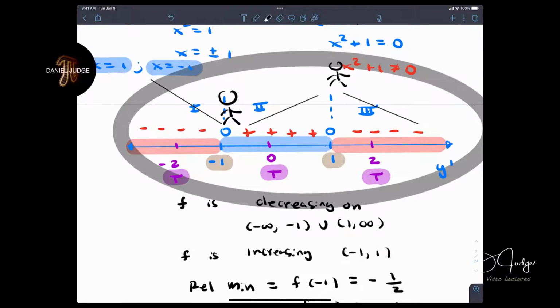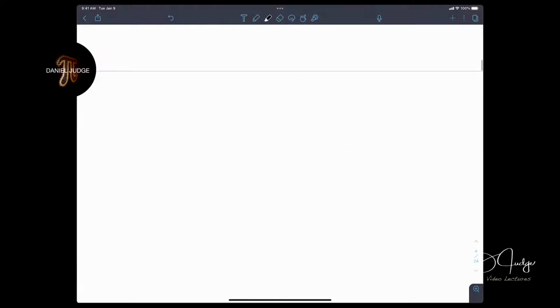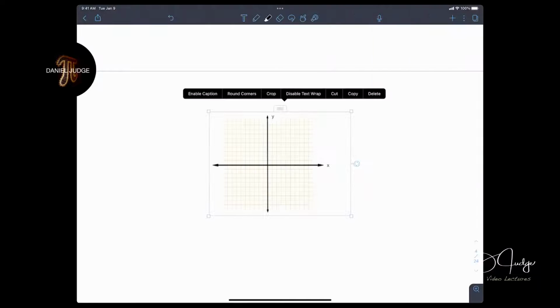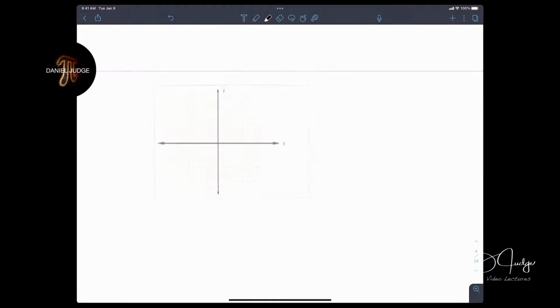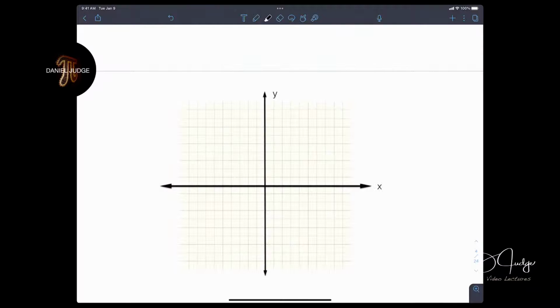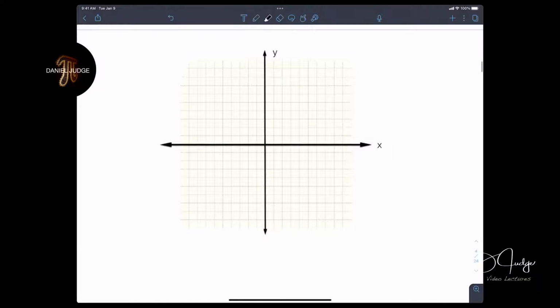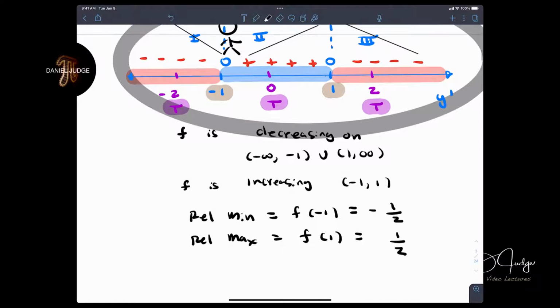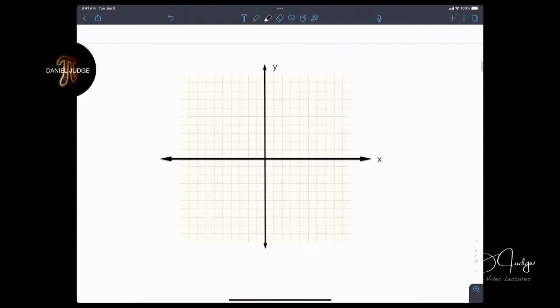You know, that information. So if you said, well, how do we start to sketch this? I'm going to bring in Cartesian coordinates. And this is kind of not going to be to scale here, okay? But at -1 and +1, we have the relative min, relative max. So if I go and say maybe 1, 2, 3, 4. Let's not do it to scale. 1, 2, 3, 4.